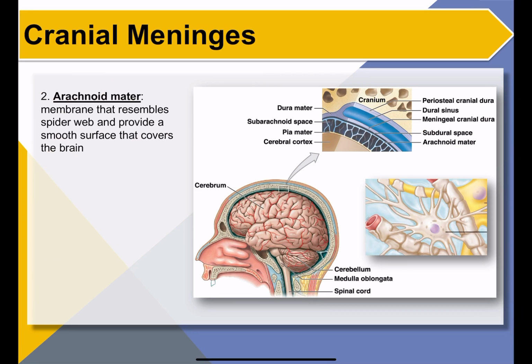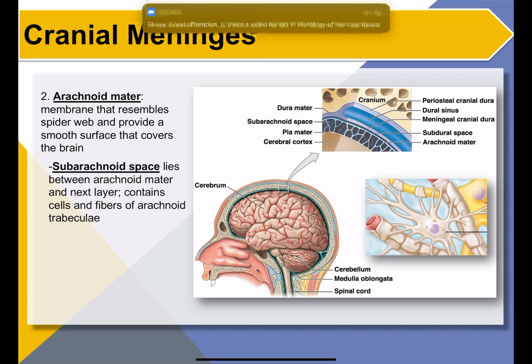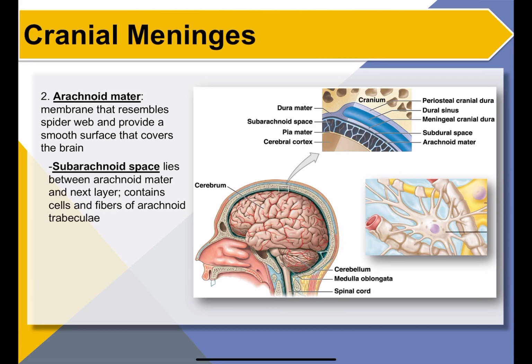So the next layer deep to the dura mater is called the arachnoid mater, which forms these spider web connections within the subarachnoid space. So this whole area is the subarachnoid space, and this white layer with these white lines is the arachnoid mater, the second layer in the cranial meninges.